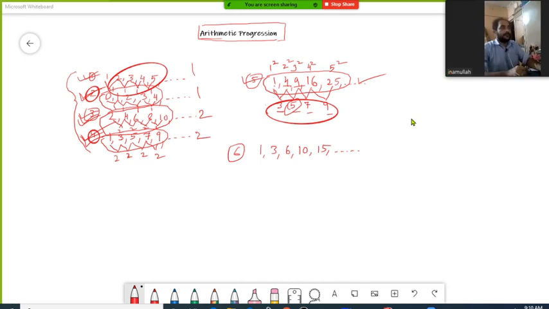So if you subtract 1 from this 3, the difference would be 2. 6 minus 3, the difference is 3. 10 minus 6 is 4. 15 minus 10 is 5. Is there any pattern? Yes.